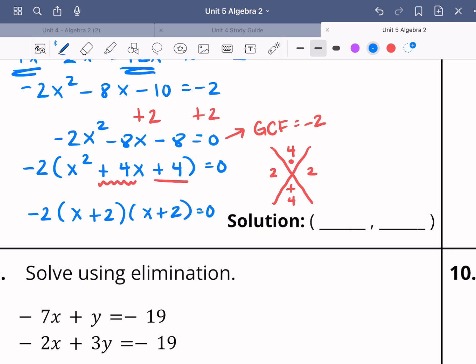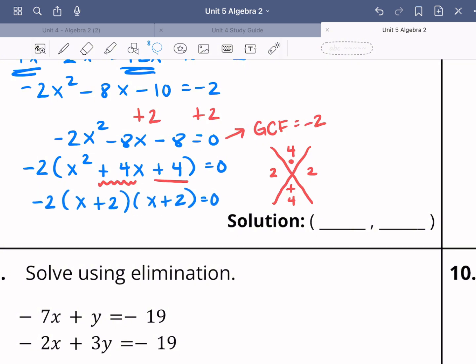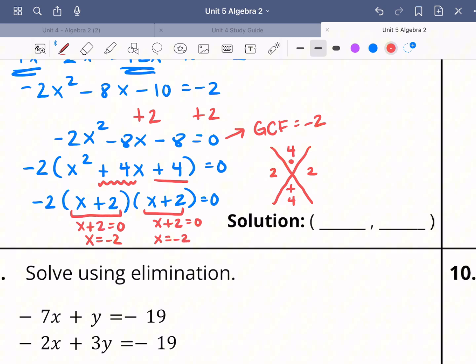My last step to solving is to look at each factor we put in individually. So we have this x plus 2 right here equaling 0. So x equals negative 2. And we also have this other one doing the same thing. They're not always the same number, so just be careful. Sometimes you do really have to do it twice to get the same number.